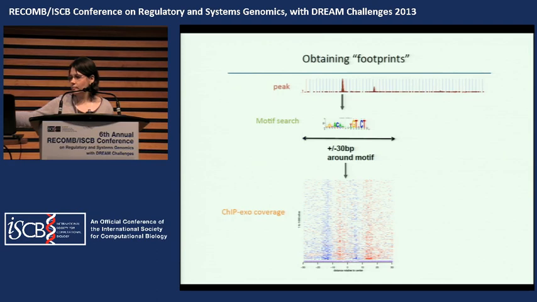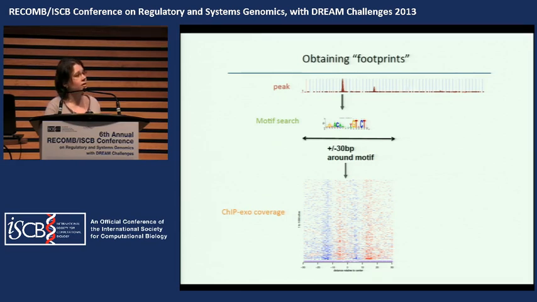So we wanted to obtain some footprints, so we start from the peaks. We work from our ChIP-seq peaks, because we didn't want to go into the problem of how to do peak calling on ChIP-exo. So we started from our ChIP-seq, searched for the motif of interest, here GR, and took a window around it.